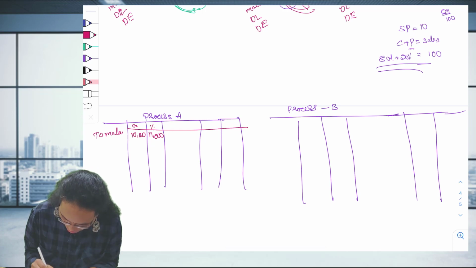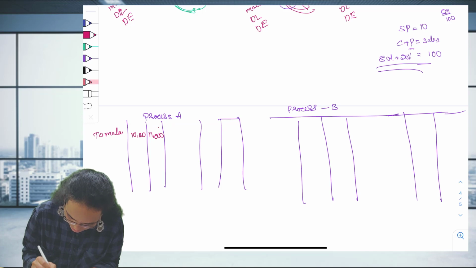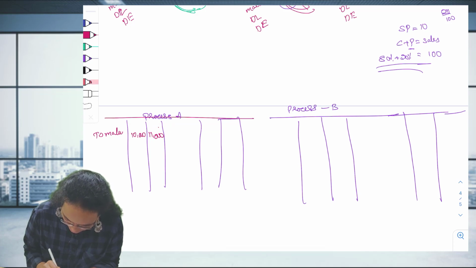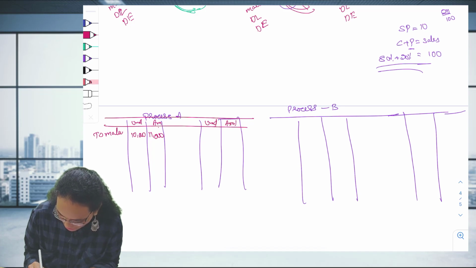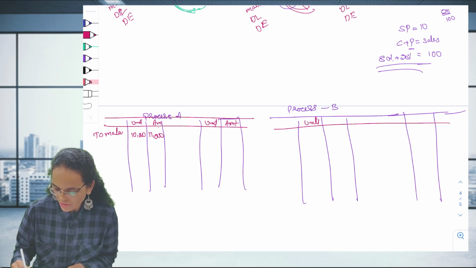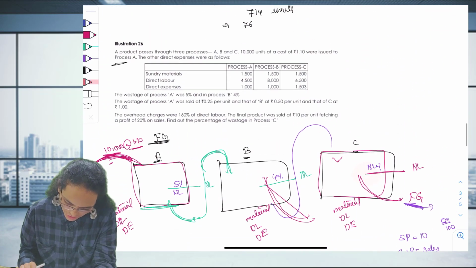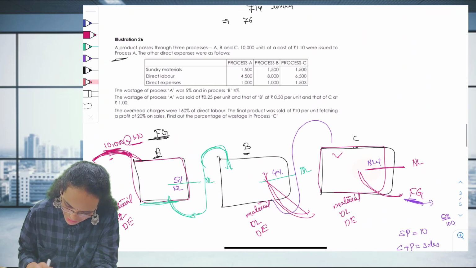Units, amount, units, amount. Here also I'll write units, amount. 10,000 units introduced.